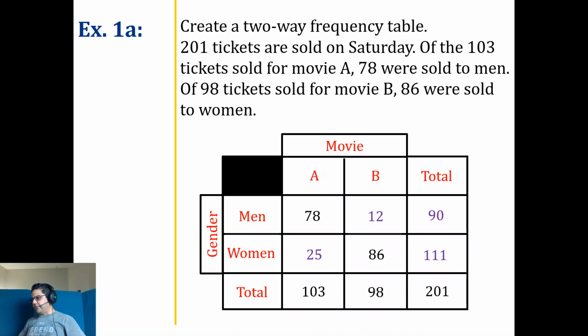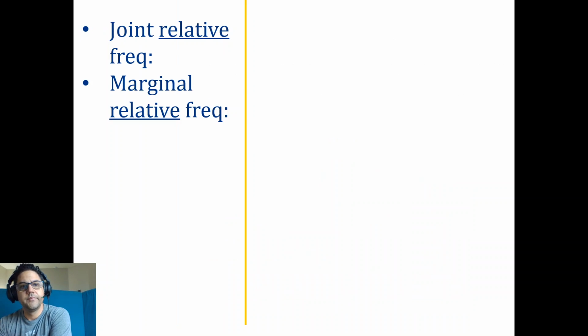So now that I have my frequency table, I can talk about percentages. The key word is relative. And it's kind of like you're a percentage of your relatives, kind of like your DNA.